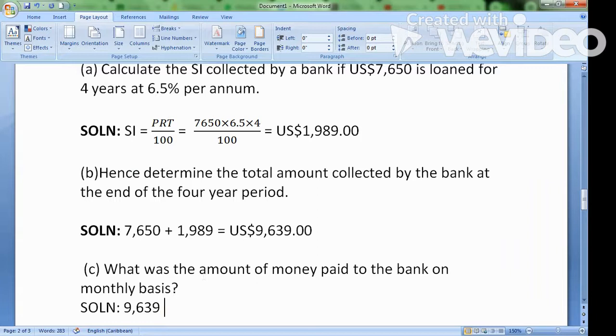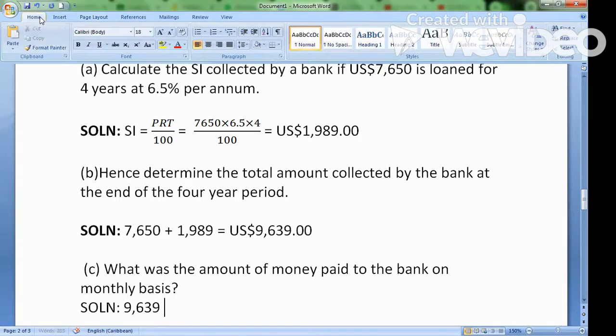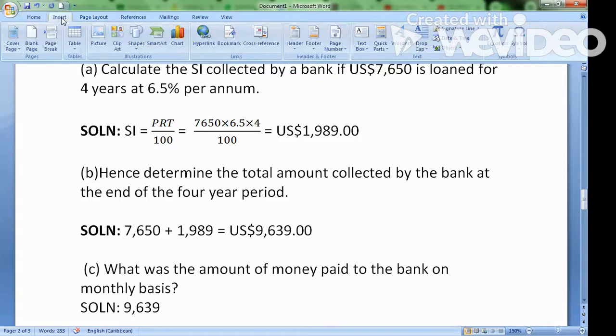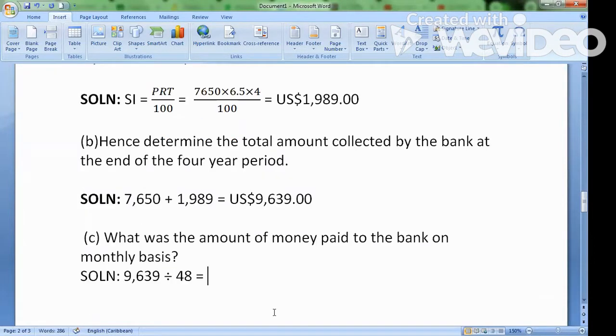For 4 years, you said, sir. 4 times 12 is 48. Yes, correct. So you divide it by the total number of months in the period that is given, which is 48.